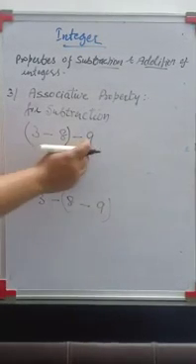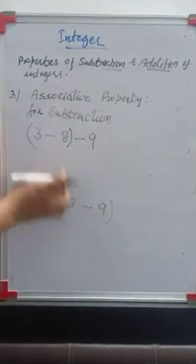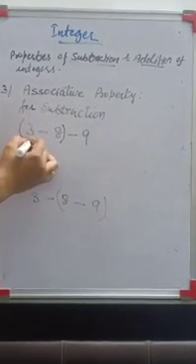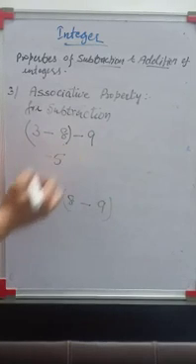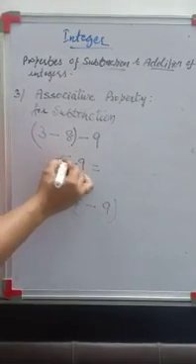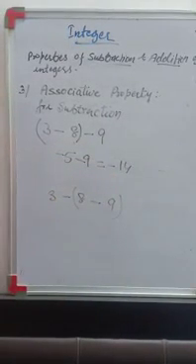See, the terms I have taken are the same. Instead of addition I am doing subtraction over here, and the grouping I have done differently. Now check the results. First we need to solve the bracket. 3 minus 8 is how much? Minus 5 and then minus 9. What do we do when the same signs are there? Add them and keep the same sign. The result is this one.